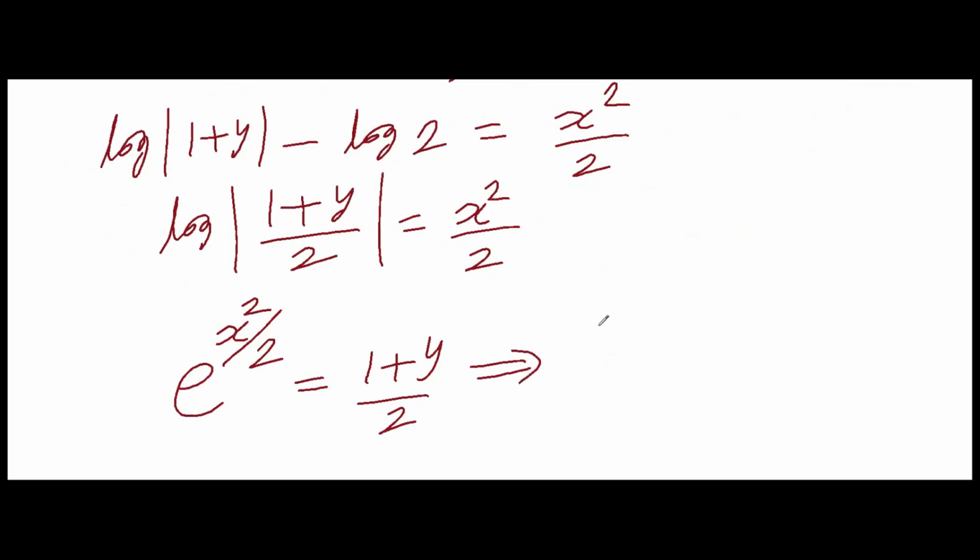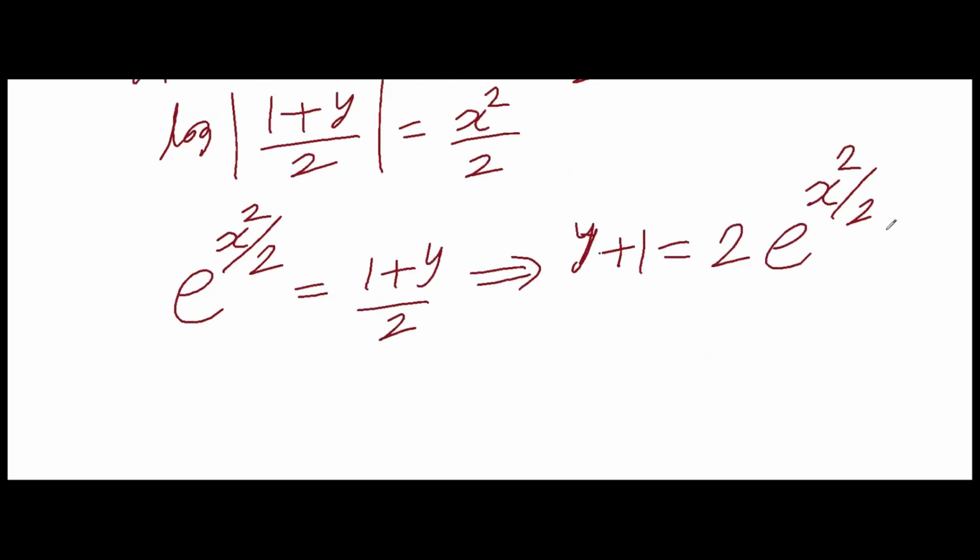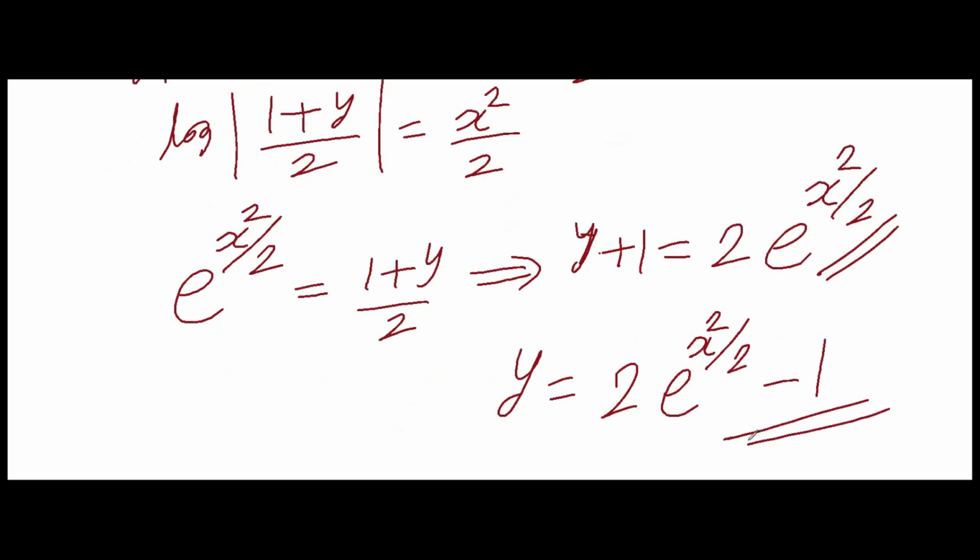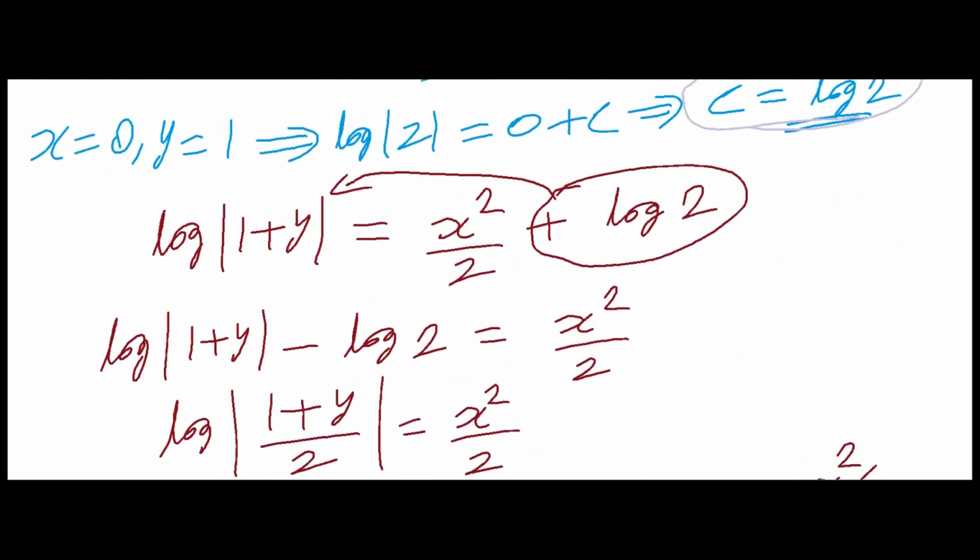If you want, you can even reduce this as y plus 1 is equal to 2 e to the power of x square by 2. Yeah, this is your final answer. If you want, you can even write this as y is equal to 2 e to the power of x square by 2 minus 1. So all of these are your final answer. It could be this, or this, or this, in terms of log, all of these are your final answer. Got it?